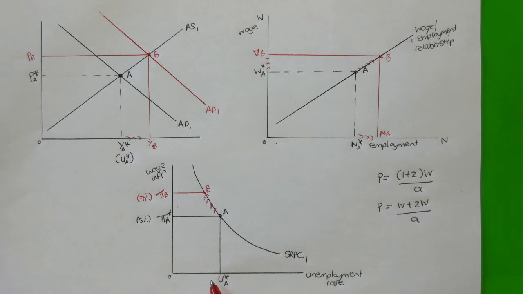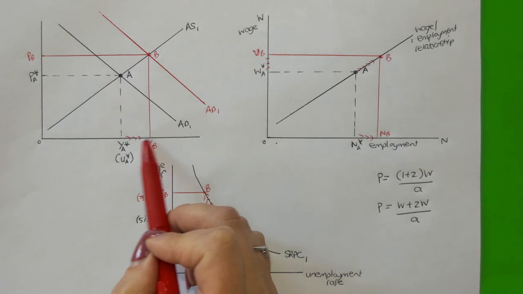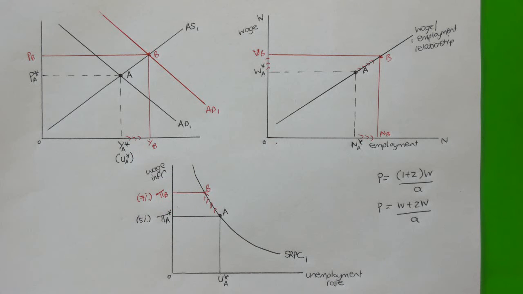So in terms of Okun's law, what we're suggesting here is that there has been a decrease in the unemployment rate, and that should then have a positive effect on output and GDP growth, which is what we're showing on the horizontal axis of the aggregate demand curve and aggregate supply curve diagram.